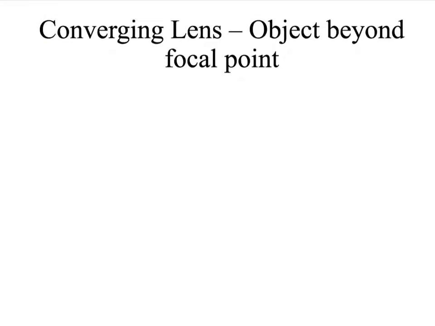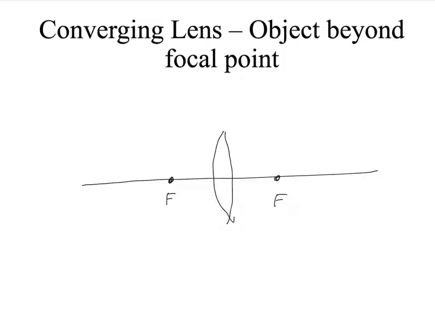The first case that we're going to do is going to be for the object to be beyond the focal point of the lens. So I'm going to put a focal point on either side, and here's my object.